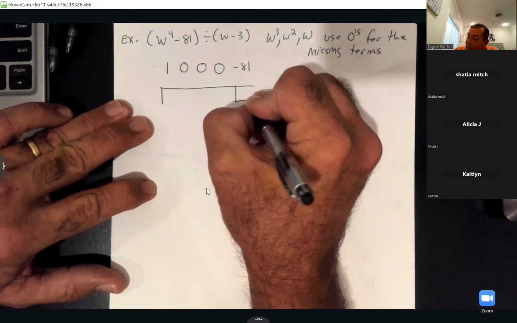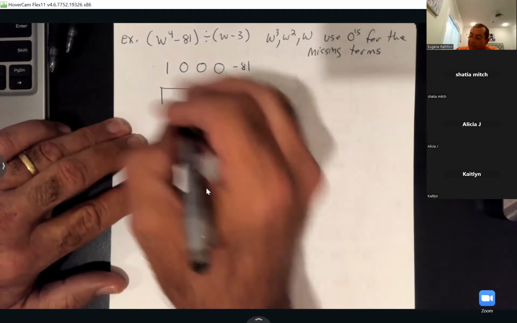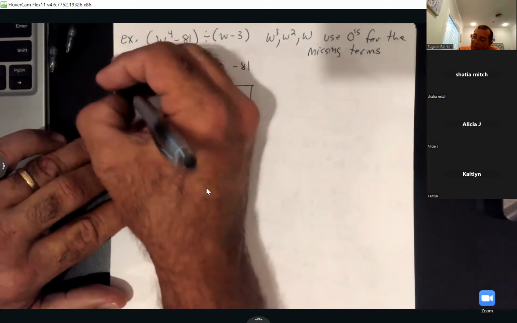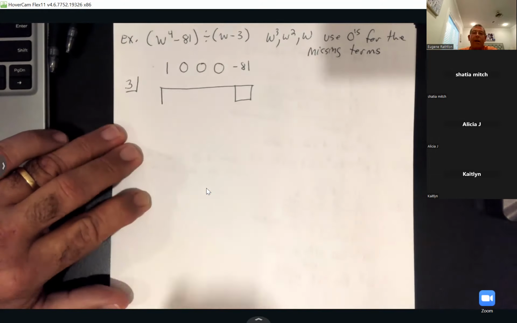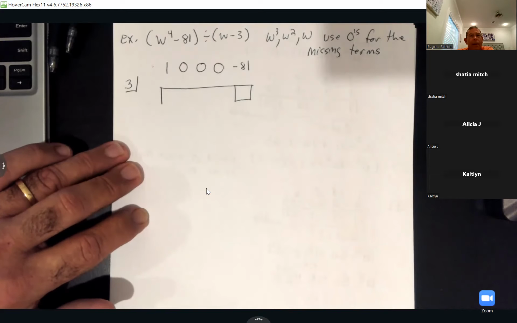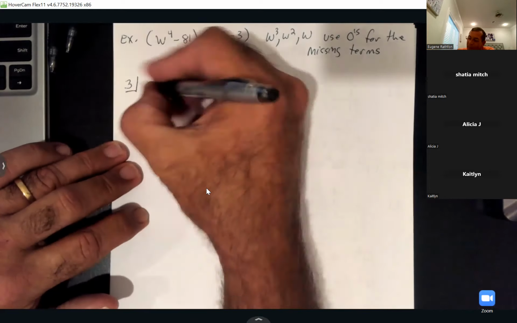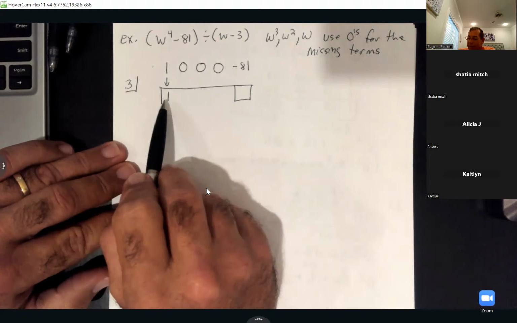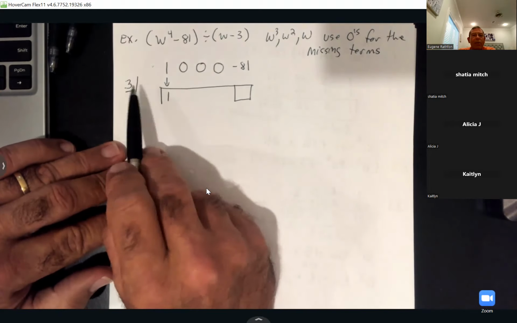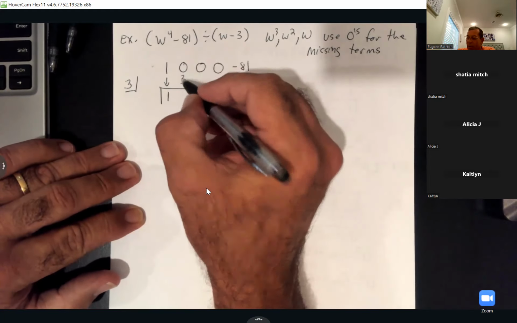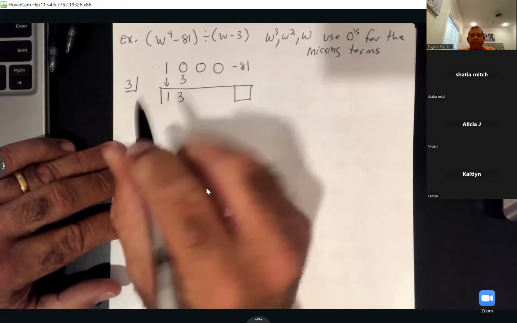Remember, my remainder will be in the last box. Since that's a minus 3, my C will be a plus 3. All right, y'all, so here we go. Bring the first number down. Take that number, multiply by the C. So 1 times 3 is 3. Add this column, 0 and 3 give me a 3.